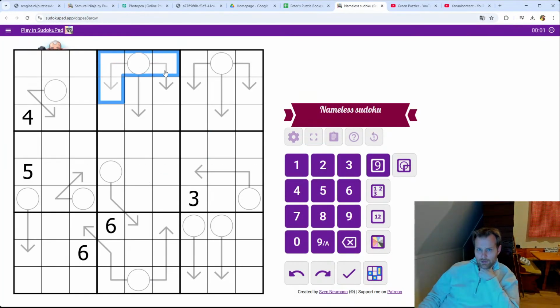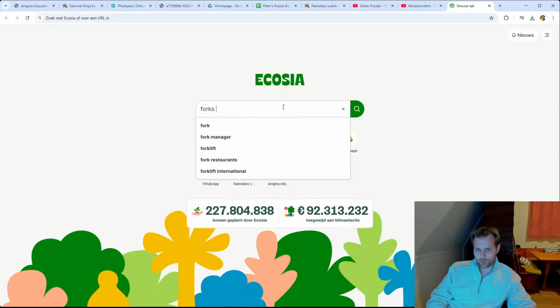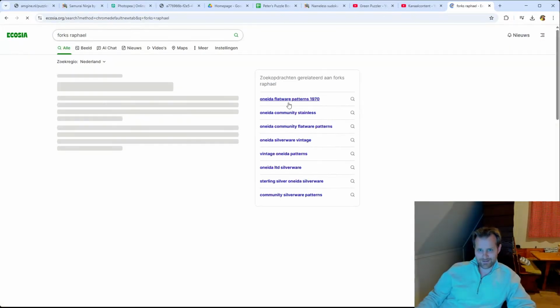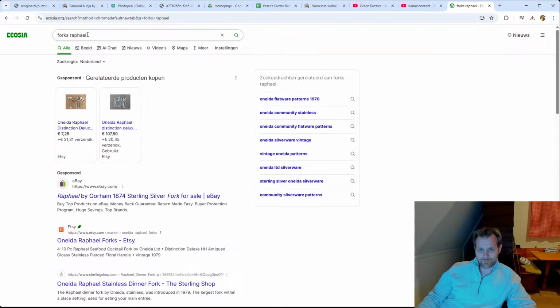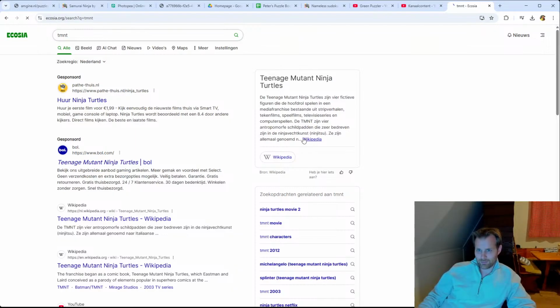So these are those forks. I wanted to call it forks, and then I looked up on Ecosia, forks, Raphael, and yeah, Teenage Mutant Ninja Turtles. Maybe people know.